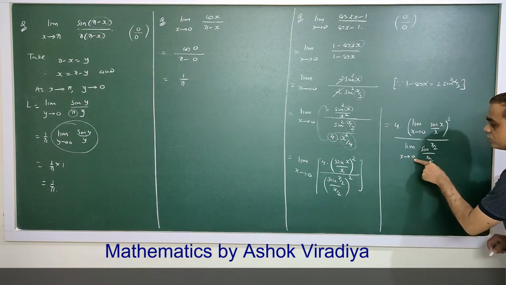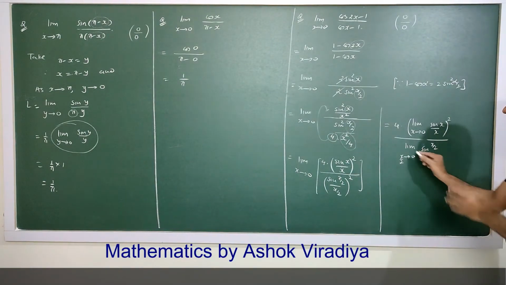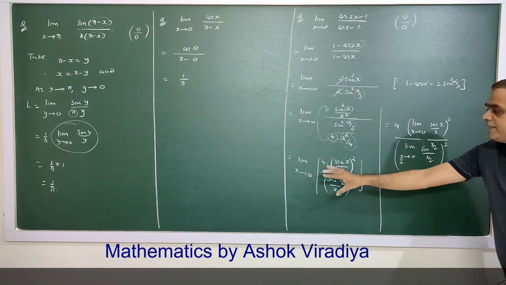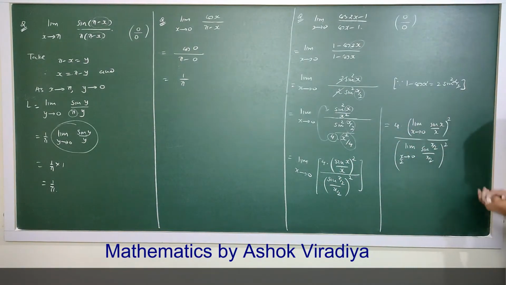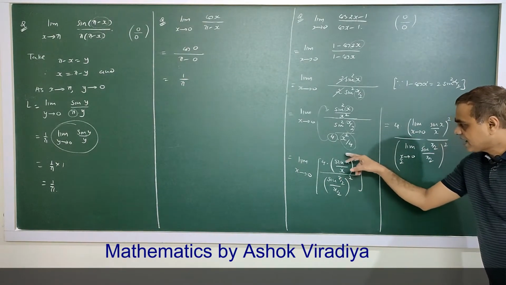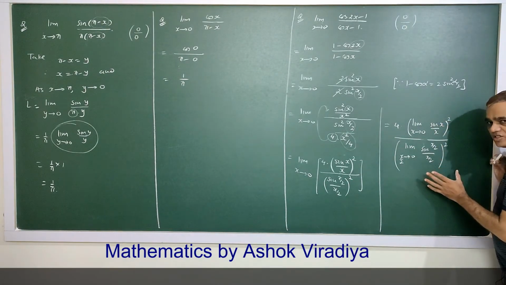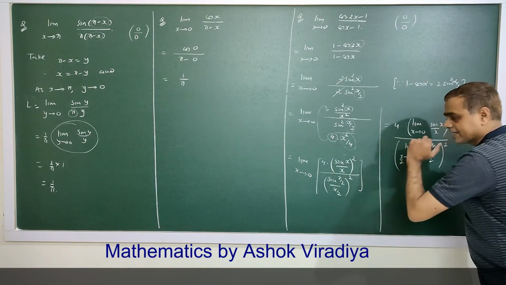Now x tends to 0, so x by 2 also tends to 0, and here square. Limit of k into f(x) is k times limit of f(x). Then limit of f upon g is limit of f upon limit of g. Then we have taken the limit inside the bracket.